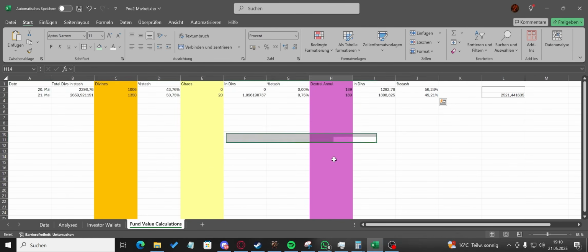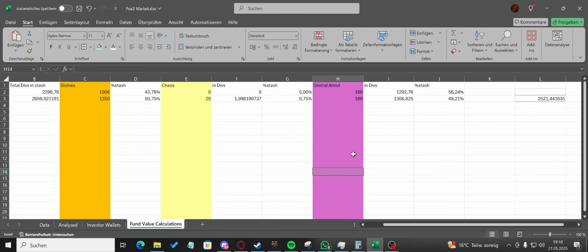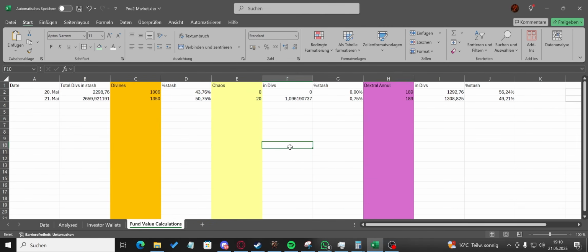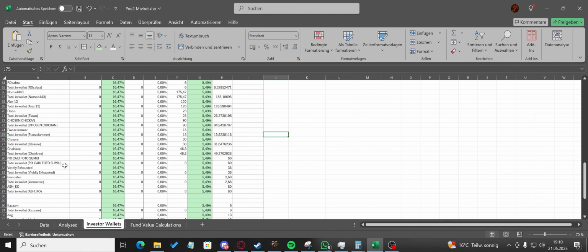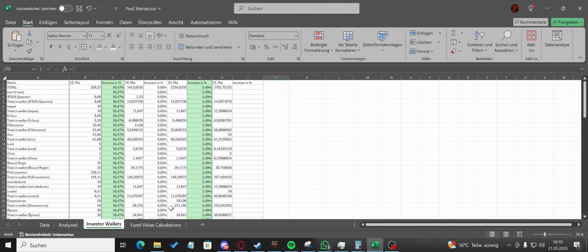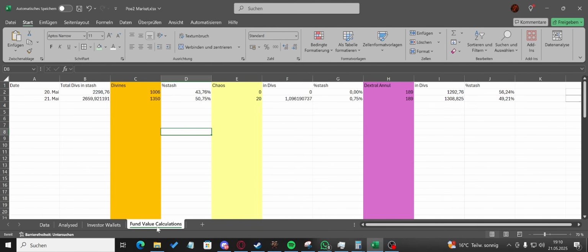If you look at the fund value calculations, this has been refreshed, by the way. If you are someone that has watched the previous videos, I had to change some things in this document to properly make all of these wallets, right? Because there were so many people that were putting divines in here. We're already at 2,702 total divine value.